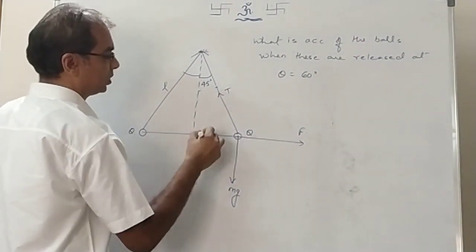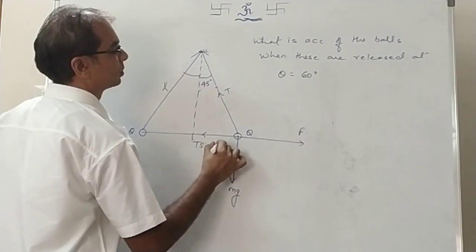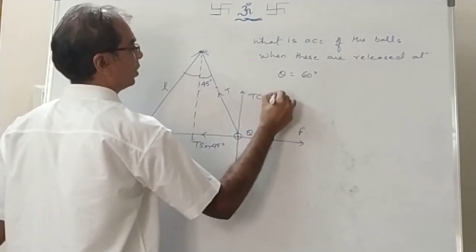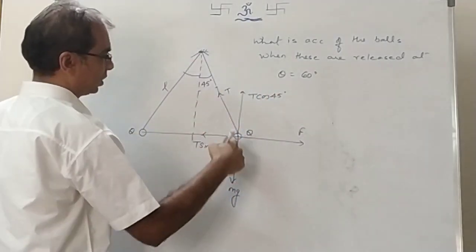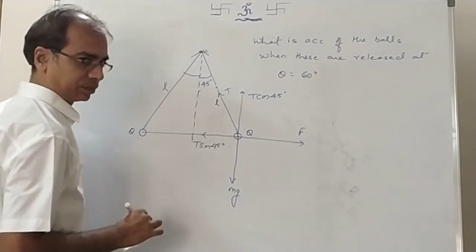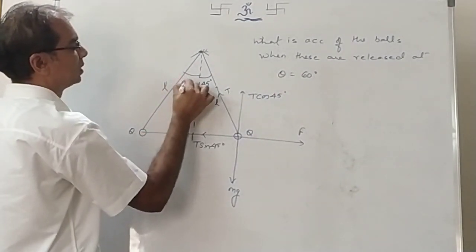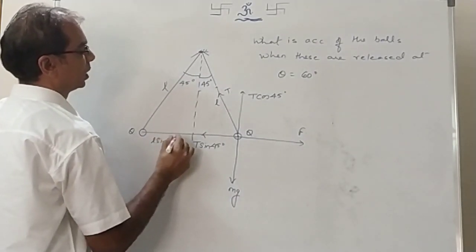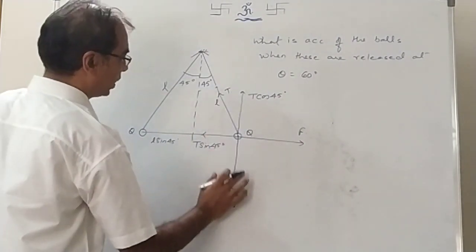The component of tension acting in this direction is T sin 45, and in this direction it is T cos 45. The length of the string is L, so this distance is L sin 45, and this is also L sin 45.